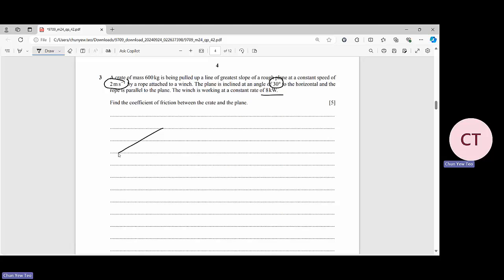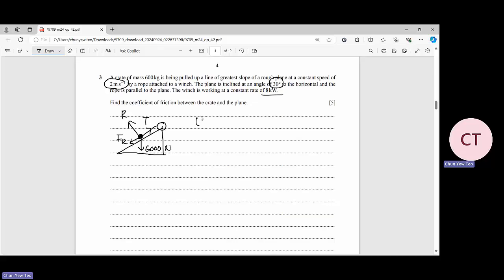So we can have a diagram over here just to describe the situation. You have the winch over here pulling the particle up. This is the tension. This is the normal contact force. This is the weight, which is 6,000 newtons. And this is the frictional force.